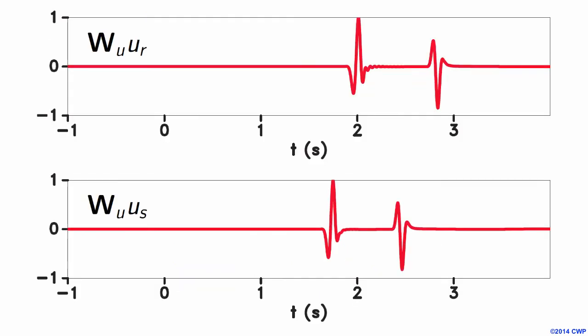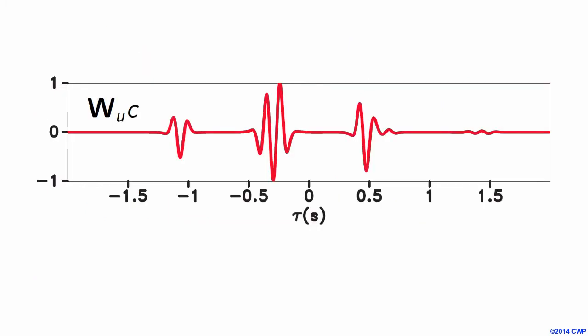Now, first of all, let's look at an example. Same observations as before. The source wave field restricted to the receiver coordinates at the bottom, and then the receiver wave field restricted at receiver coordinates at the top. If we correlate those, we obtain a correlation function, again restricted to the receiver coordinates, that looks like this.